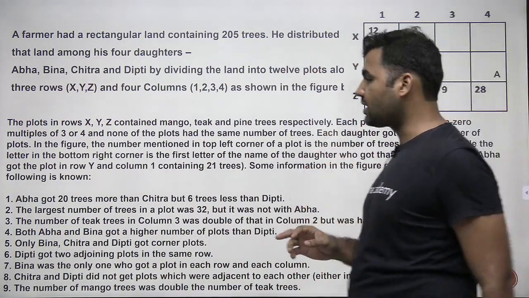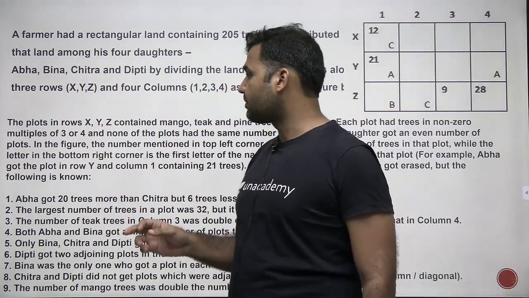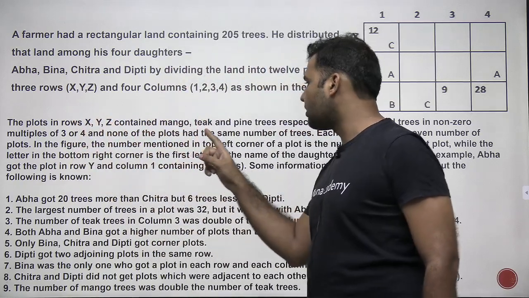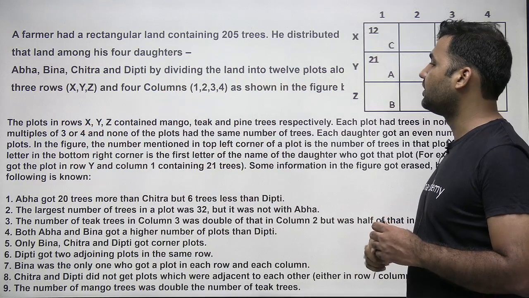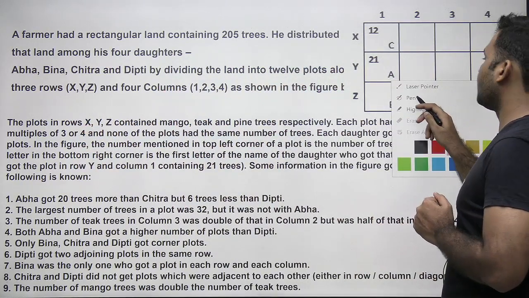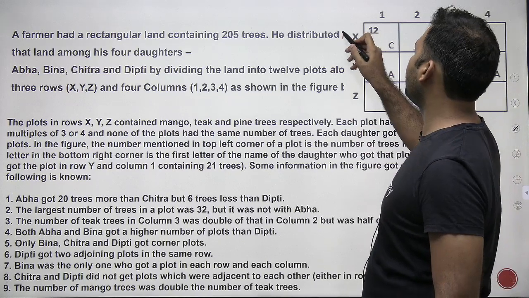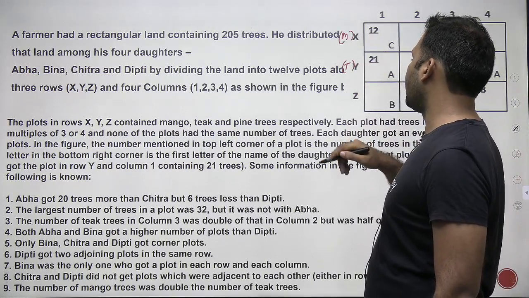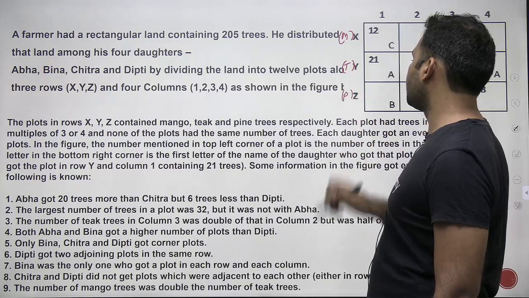Now, let's see what this information says. It says the plots in row X, Y, and Z contain mango, teak, and pine trees respectively. So that means row X contains mango trees, right? Y contains teak trees and Z contains pine trees.